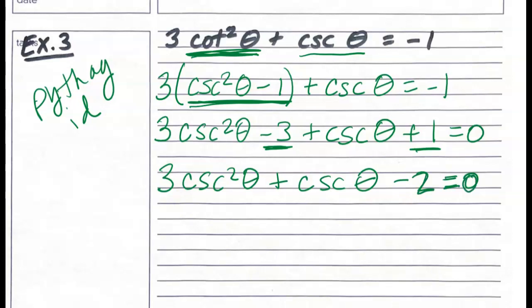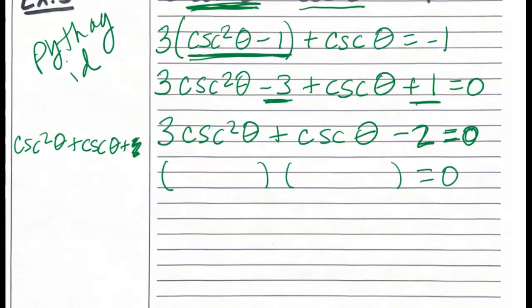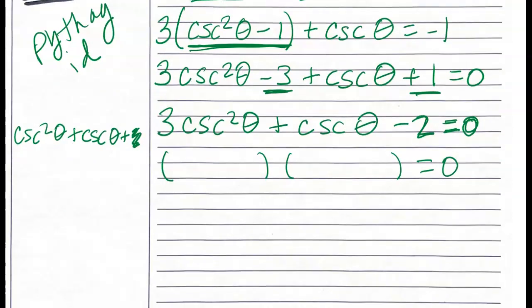Okay. All right, again, it looks like that factoring form. Just look at it like this, plus something. That's your factoring form. So boom. You guys mostly learned guess and check. So I know the only way to get 3 is 3 times 1. So this has to be 3 cosecant theta and cosecant theta. And then negative 2. So it has to be 2 and 1 some combination, right?